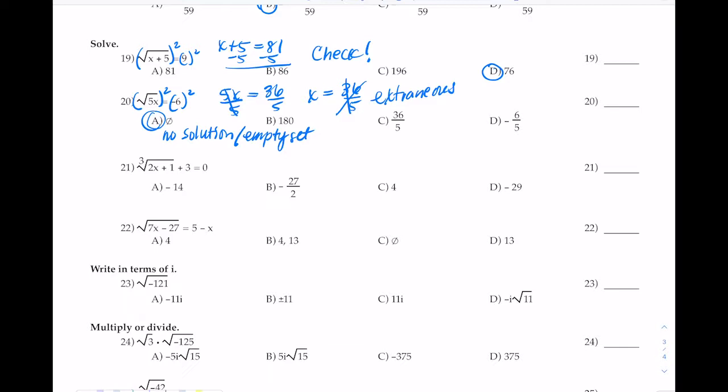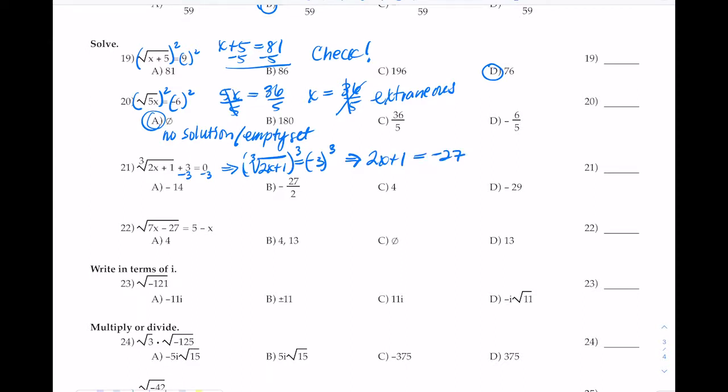So here, as I said earlier, you need to isolate the radical. So we need to get rid of this 3. And when I do that, I would be left with the cubed root of 2x plus 1 equals negative 3. And now we're going to undo a cube root, so we're going to cube both sides. And when you do that, you're left with 2x plus 1 equals negative 27.